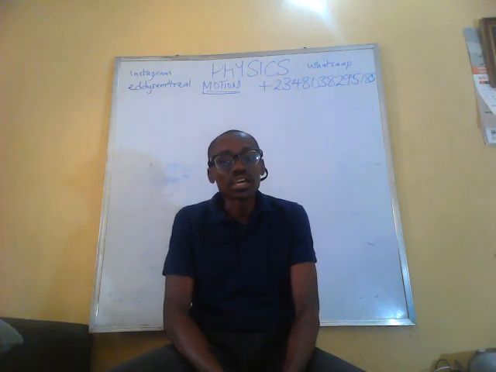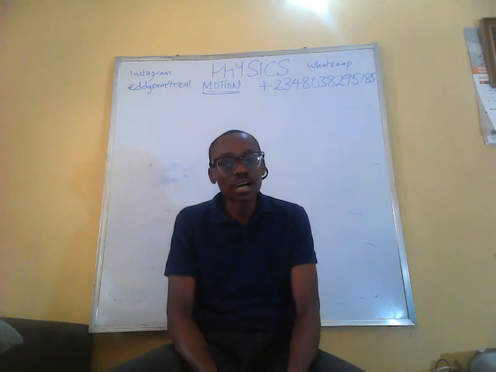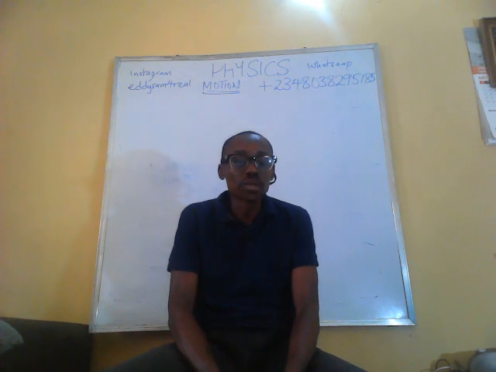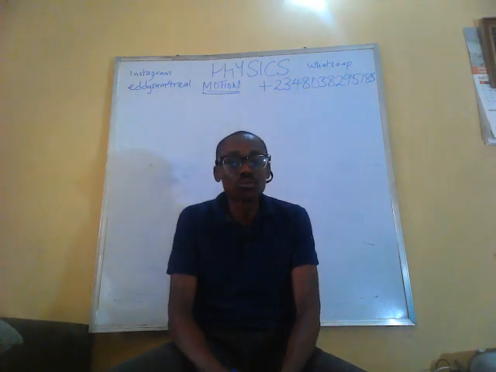So, this is our series on physics, our lectures on motion. We've had up to 6 lectures so far. I think this is our 7th lecture. In case you missed the previous ones, make sure you go back and follow them one after the other.